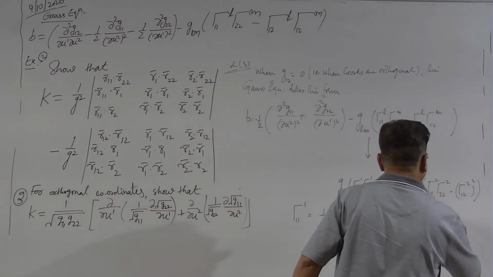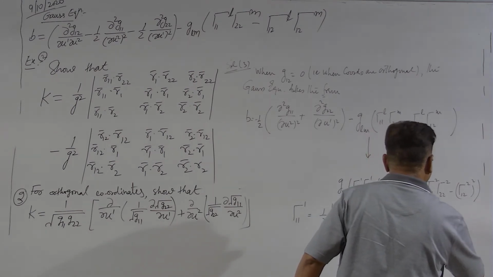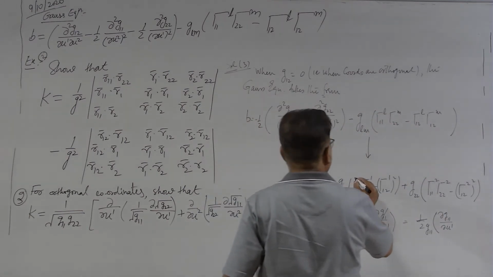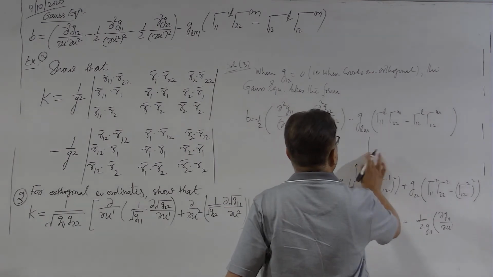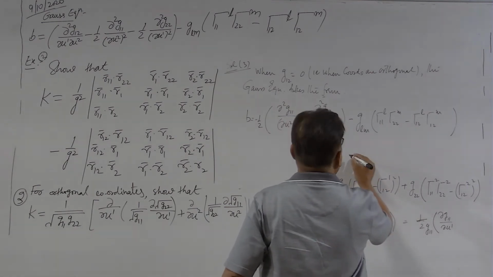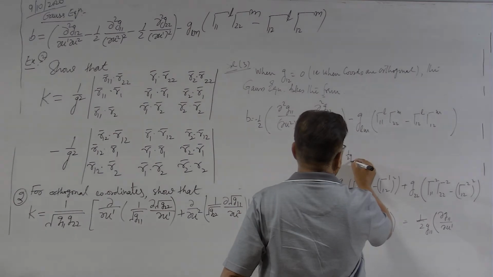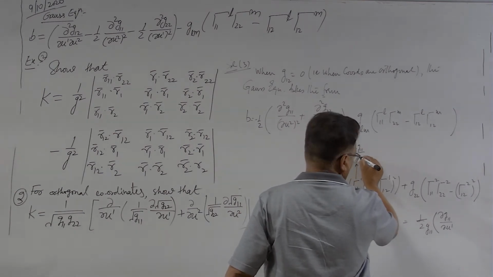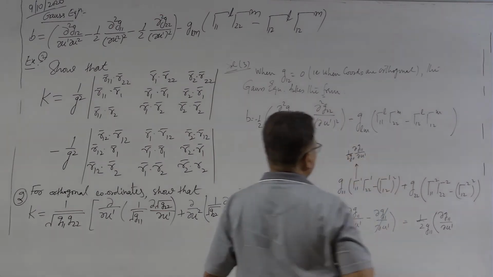So, this is del G11 upon del U1. This you have computed: half G11 into del G11 upon del U1.